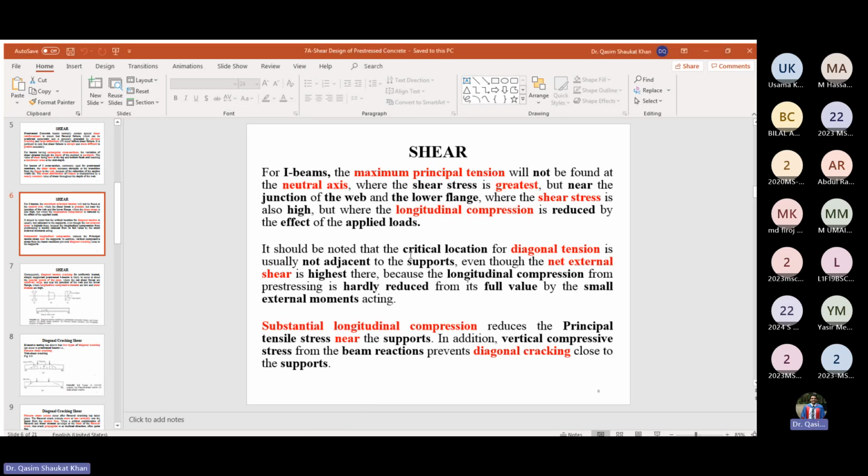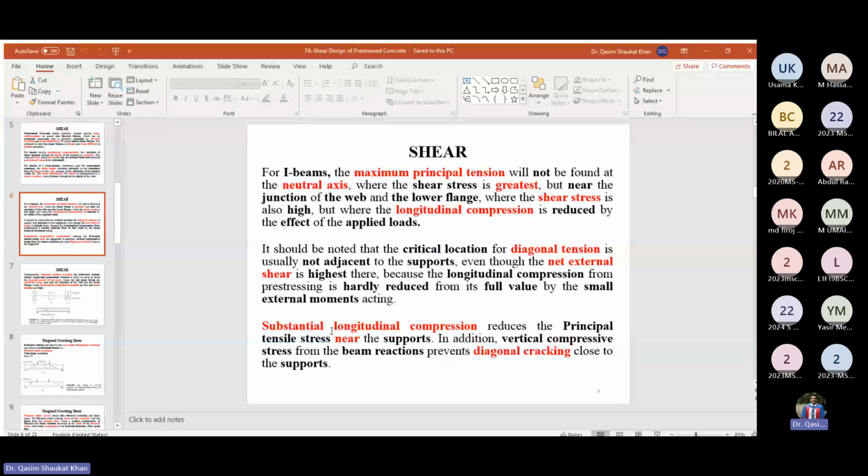So it should be noted that the critical location for diagonal tension is usually not adjacent to the supports, even though the net external shear is highest there, because the compression from prestressing is very high, that is, the hog is very large at that point, and the tensile stresses due to the sagging bending are very small.